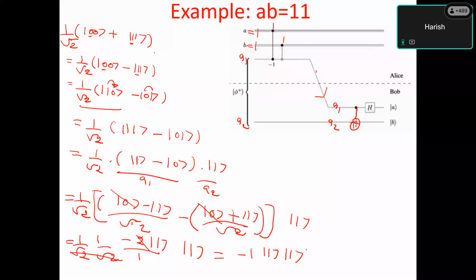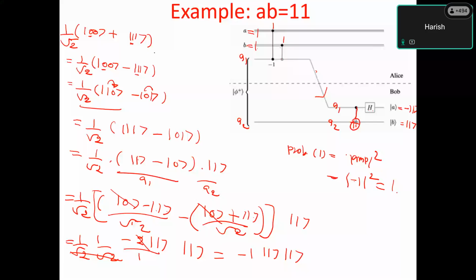1 and 1. So as you know in the measurement, when we measure this A qubit, although it is -1 and this B is +1, when you measure it, the probability is the amplitude mod square.